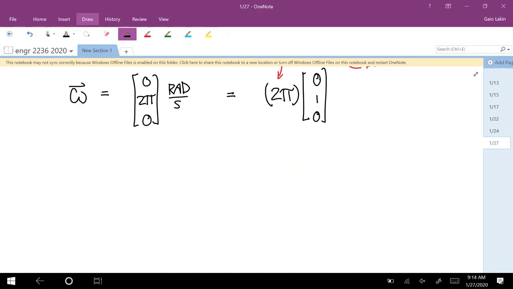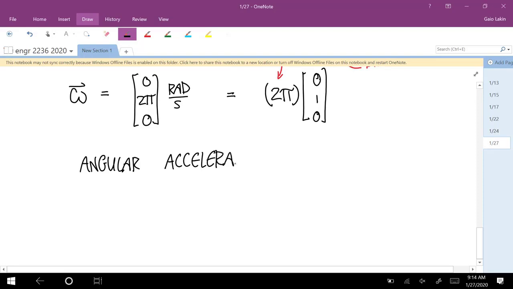Let's define angular acceleration. Okay, angular acceleration, and the symbol for that is the Greek letter lowercase alpha, and that's also a vector.